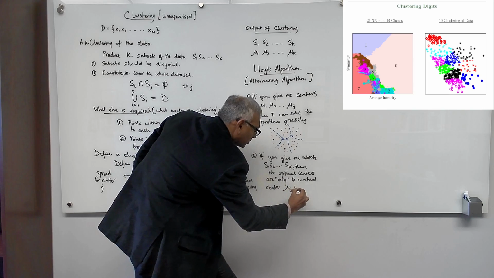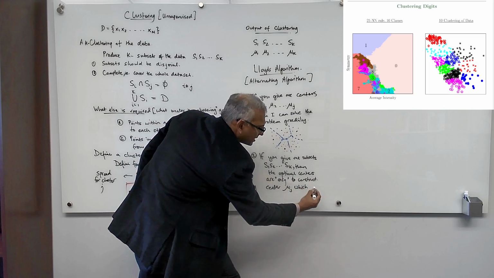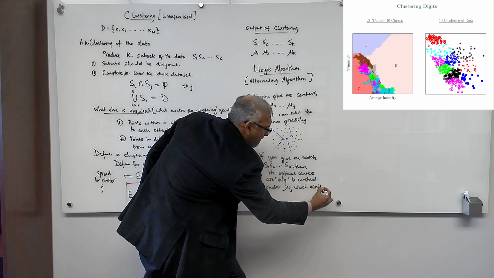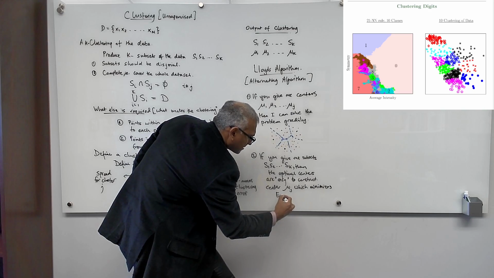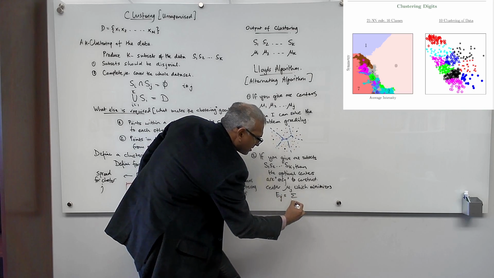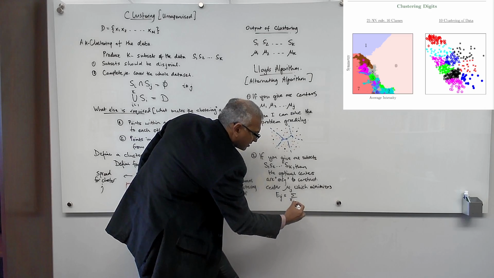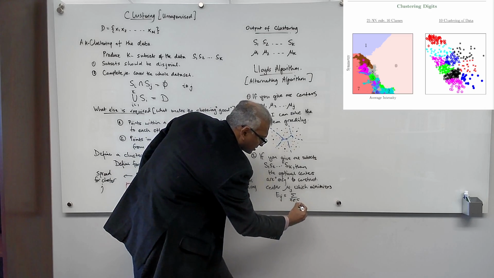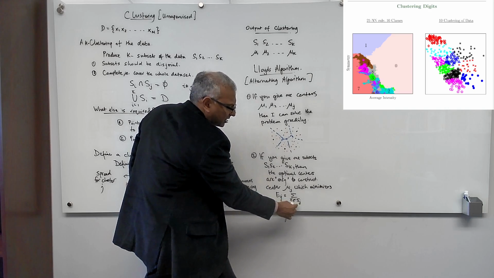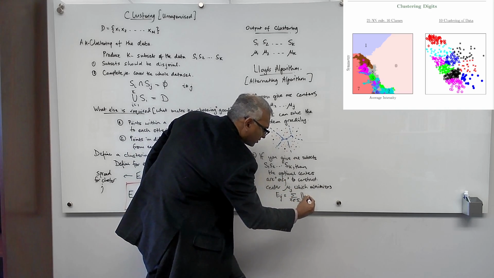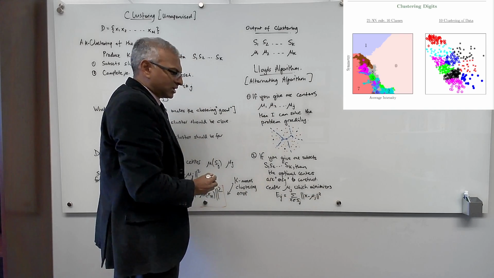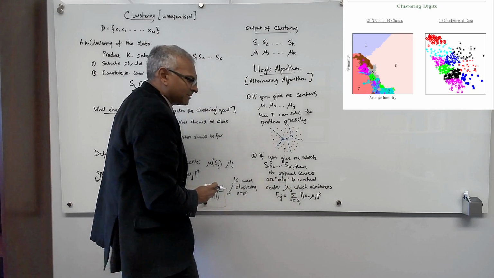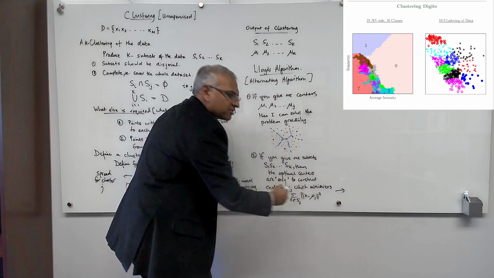mu j, which minimizes the error Ej, which is the sum over x in Sj, so the sum over the data in my cluster Sj, of the norm of x minus mu j squared. So this is the sum of squared deviations. The center which minimizes this is exactly the mean.